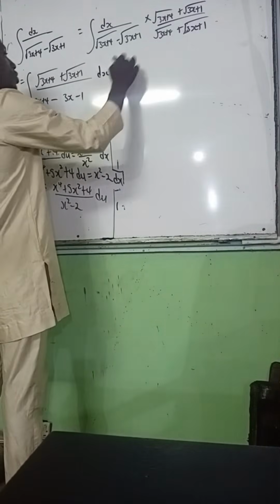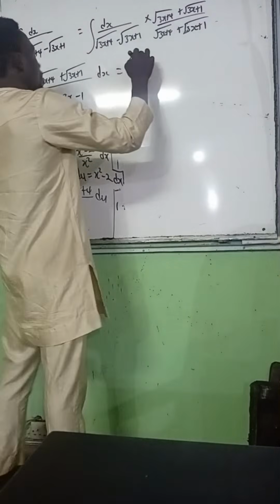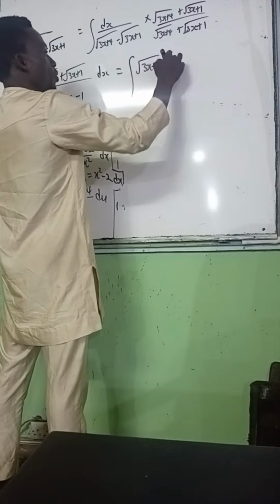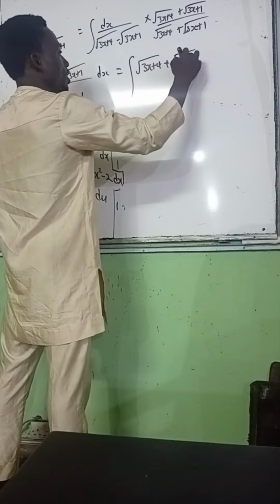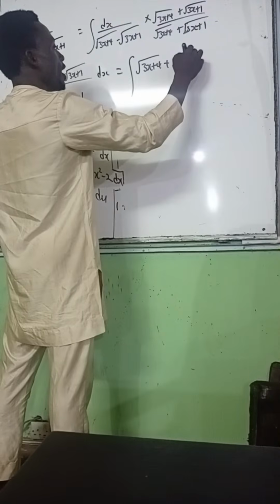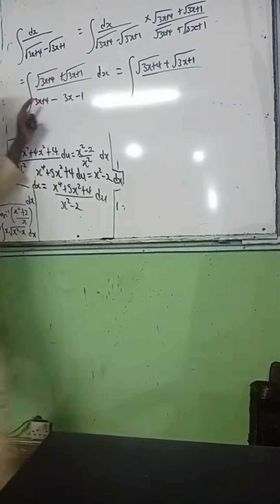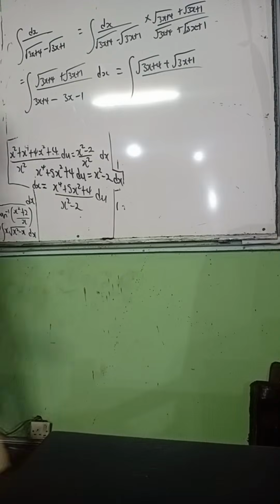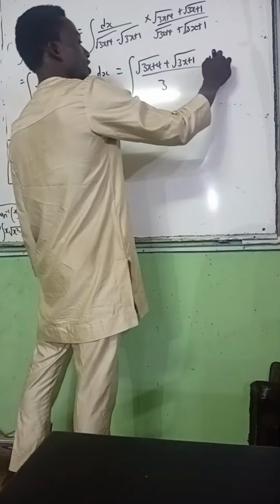dx equals the integral of root 3x plus 4 plus root 3x plus 1 over 3x, cancel minus 3x, right? 4 minus 1, that's 3, right? We have 3 dx.